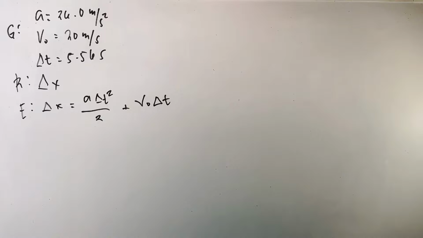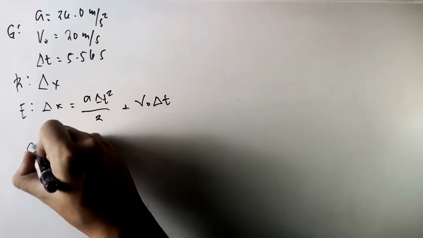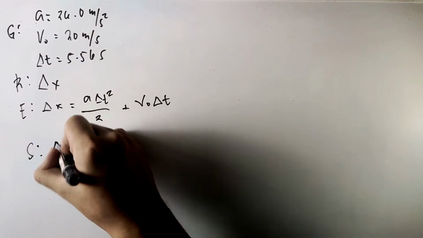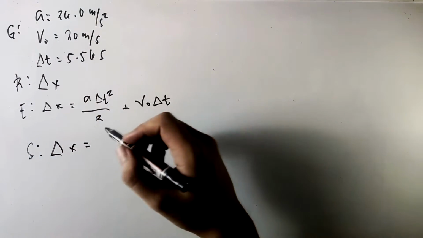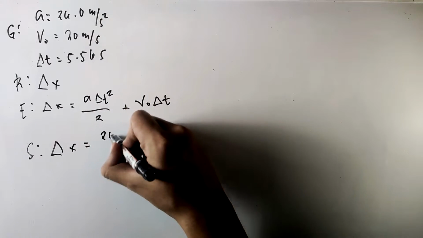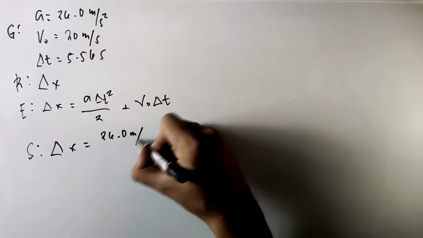They are already in SI units, so there's not much else to do with that. So let's proceed on the solution. Delta x is equal to, just substitute, so a is 26 meters per second.